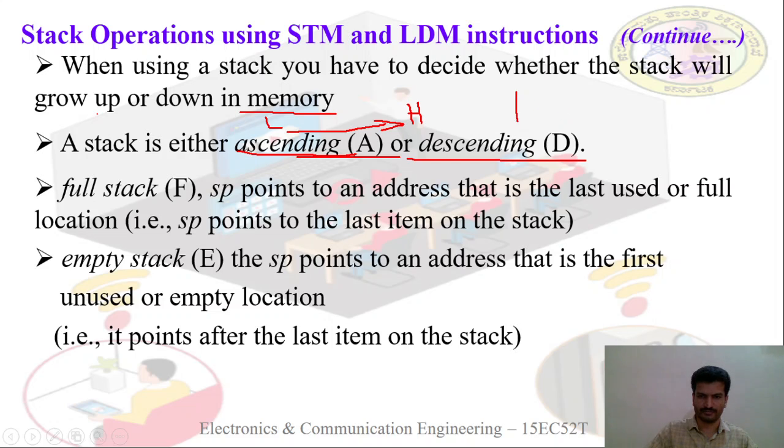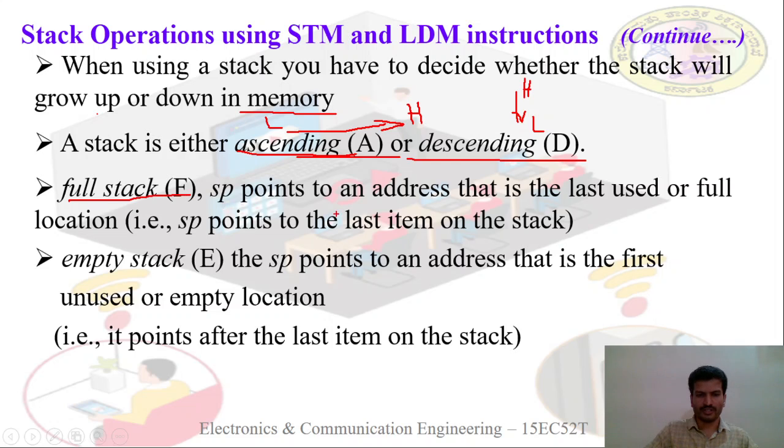It starts from a higher memory address and, as the items are pushed onto it, progresses to lower memory address, from higher memory location to lower memory location, whereas in ascending, lower memory location to higher memory location.